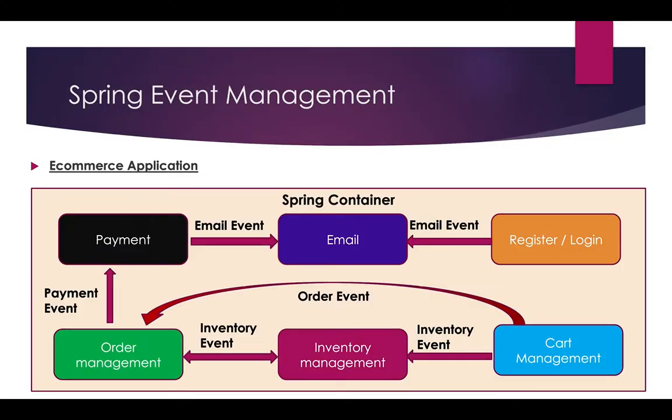Event driven Spring event management: take a look at the e-commerce application where we have multiple modules, like the payment module, order management, register, login, email, cart management. There are a lot of modules. So how can they interact with each other?